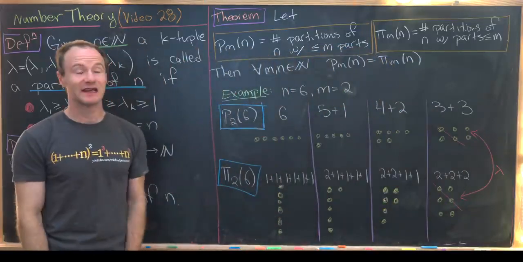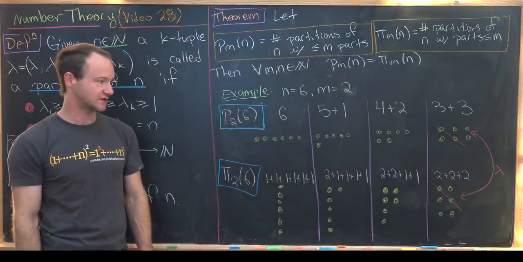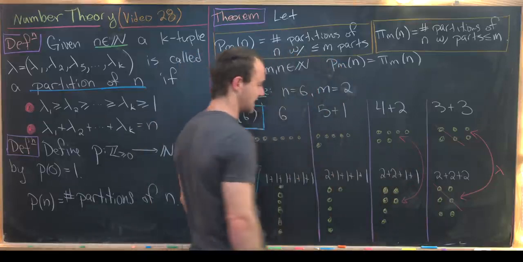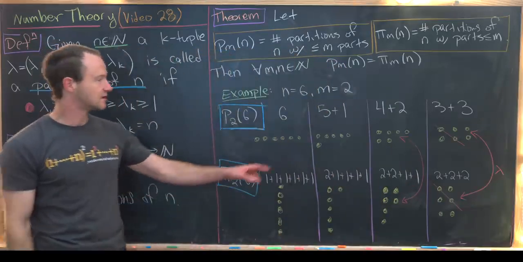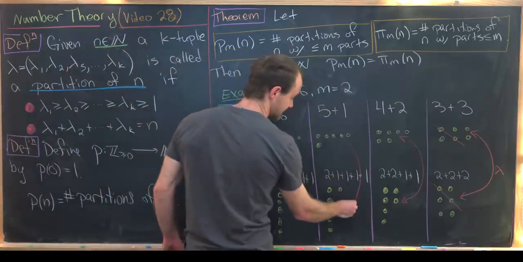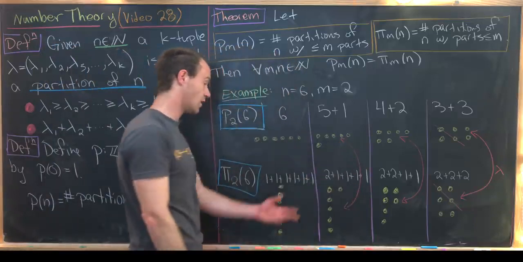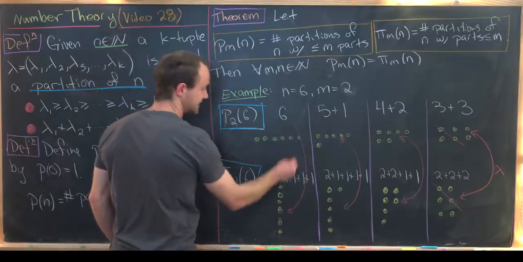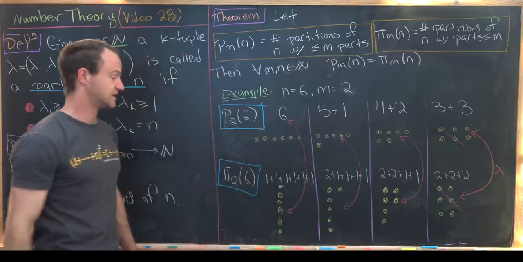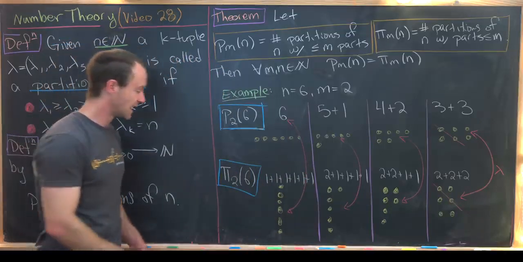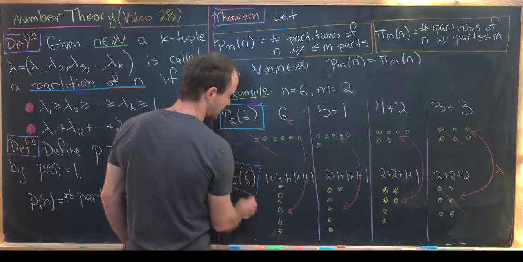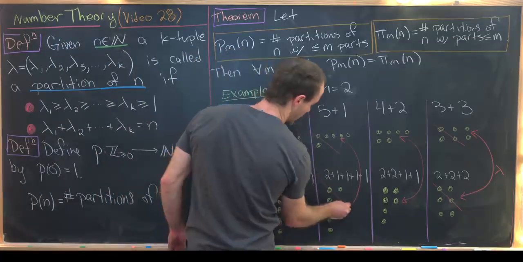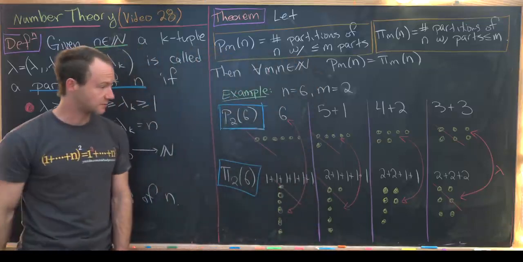So that provides a link between those two partitions. Furthermore, the conjugate of this guy is equal to this guy and vice versa. The conjugate of 5 plus 1 is the partition with a 2 and some 1s. And finally, the conjugate of 6 is equal to the partition with all 1s. And again, all of that is pretty clear just from what happens with the folding in the Ferrers diagram.